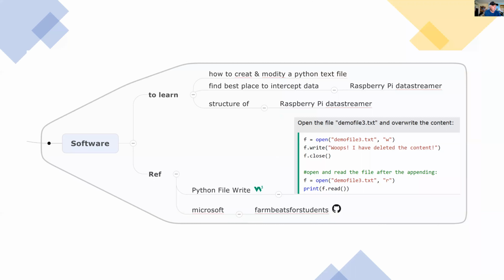And for the software, I had to learn a bit of Python code and modify it. So I'm looking at how do I write a text file. And in this case, I want to write the last data file. So I just need a tiny bit of Python code, and I have to discover where I can put it in the overall set of programs that Microsoft and Seed have provided.